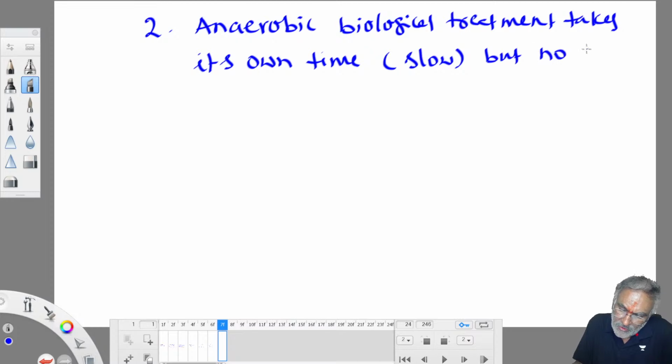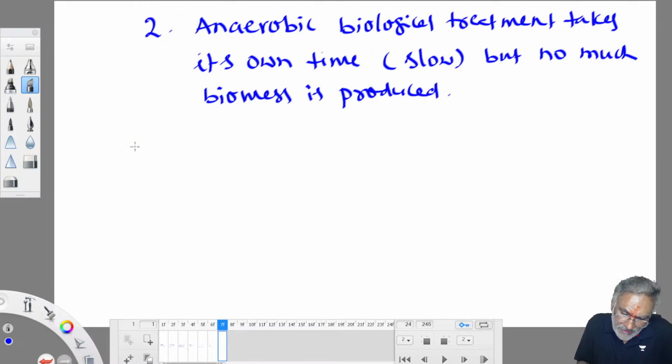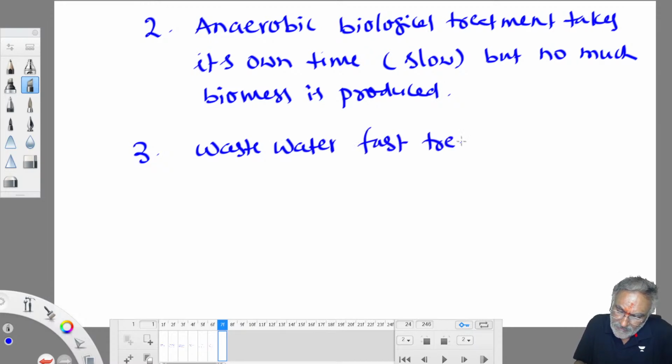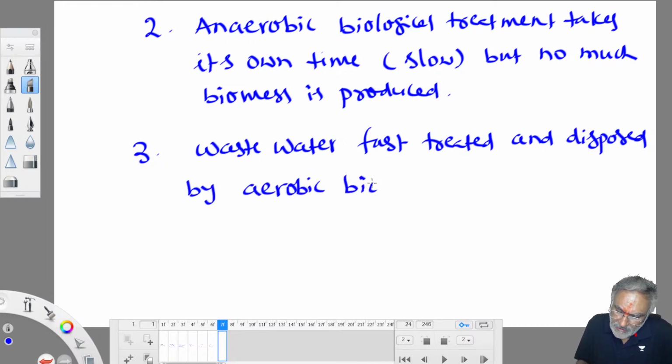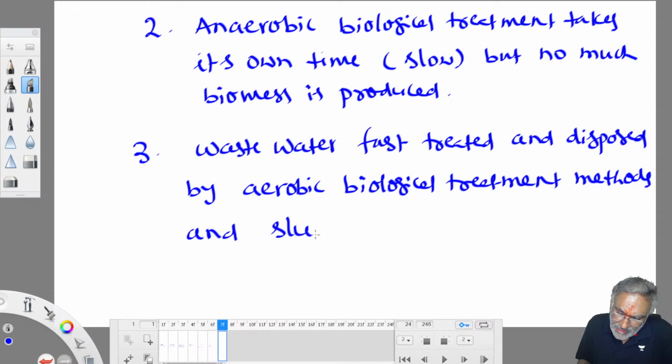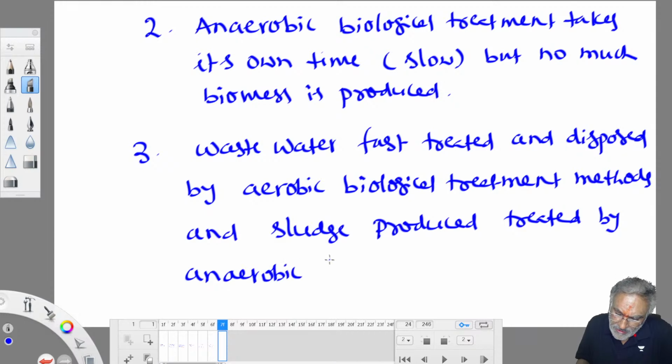But not much biomass is produced. So wastewater is first treated and disposed by aerobic biological treatment methods, and the sludge produced is treated by anaerobic biological treatment.